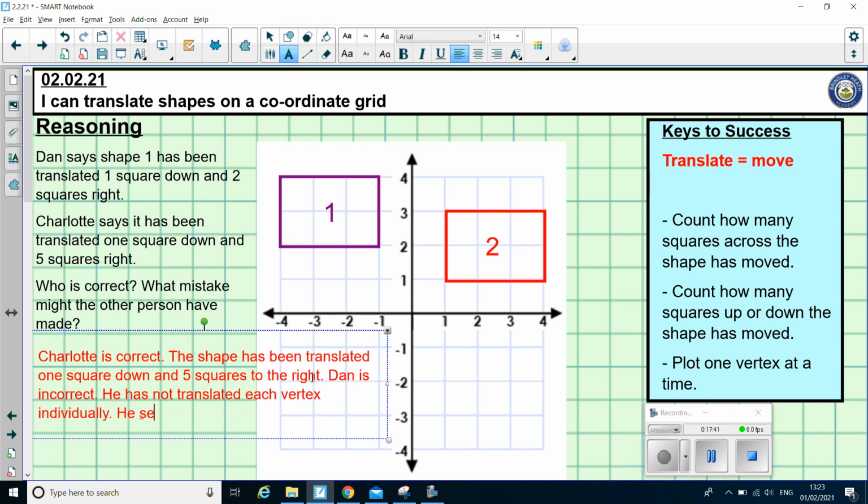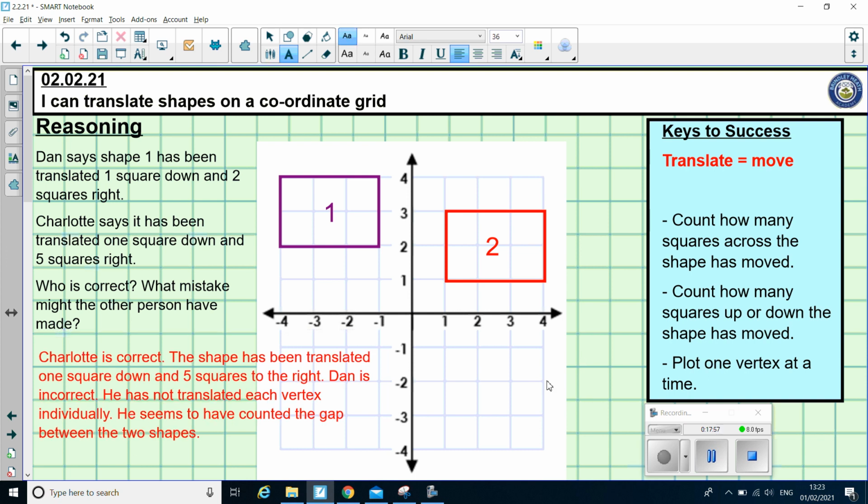He seems to have counted the gap between the two shapes. Okay, and that's our answer for that question today.